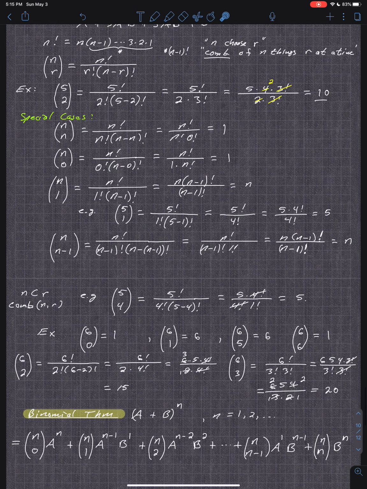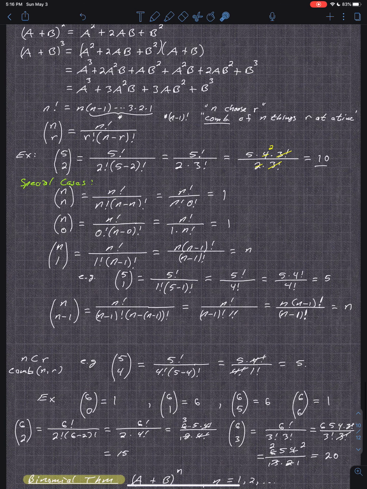Then we have some special cases. The special cases are ones that come up where it doesn't matter what the number is, you always get the same thing. And remember that 1 factorial is defined to be 1, and 0 factorial is defined to be 1.